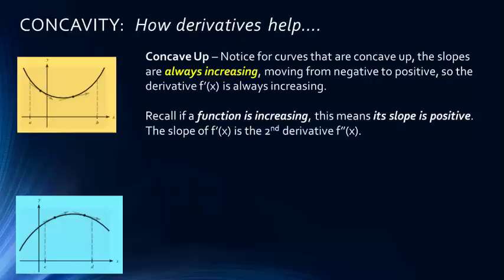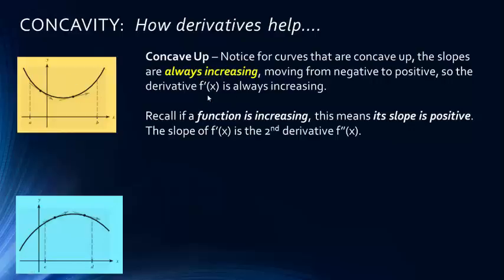Now remember, this is where it gets even more complicated. If a function is increasing, this means its slope is positive. Okay? If a function is increasing, its slope is positive. So if we have a concave up curve, the derivative is always increasing. That means the slope of the derivative. Now remember, the first derivative is the slope of the function.